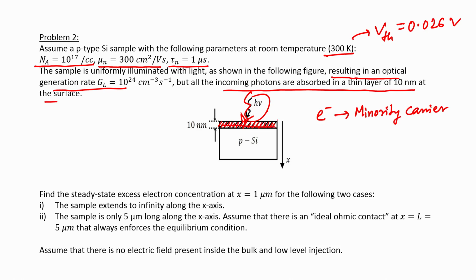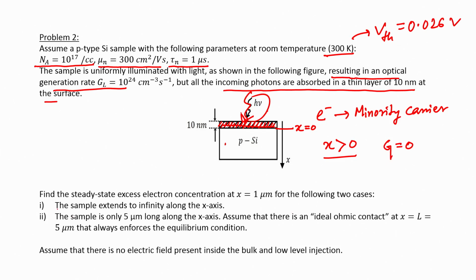What does it mean? The electron hole pairs are generated over this thin layer only, and there is no generation inside the bulk. If we consider this as the x axis, then denote this mark as x equal to 0. Inside the bulk, for x greater than 0, there is no generation of electron hole pairs. So the generation rate becomes 0 inside the bulk.